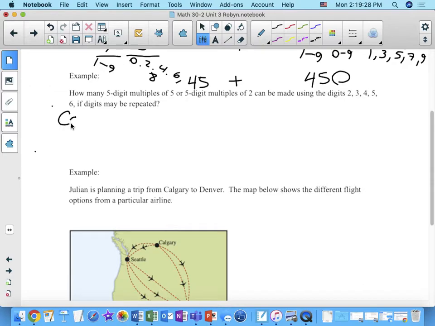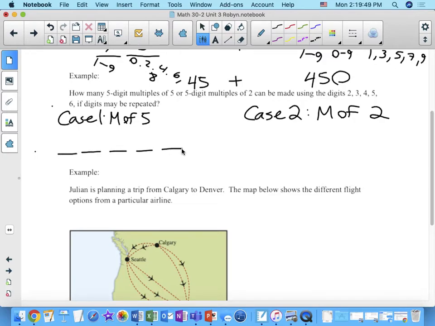So case 1, multiple of 5, case 2, multiple of 2. Okay, and then they're 5 digits, so how many spaces do I need? 5. 1, 2, 3, 4, 5. And then for case 2, also 1, 2, 3, 4, 5.